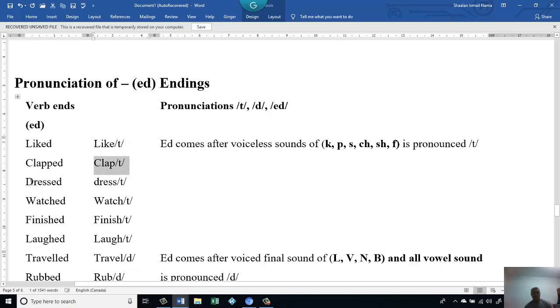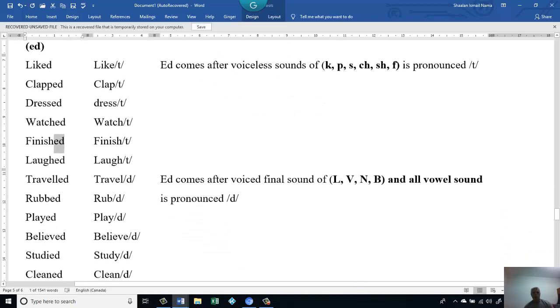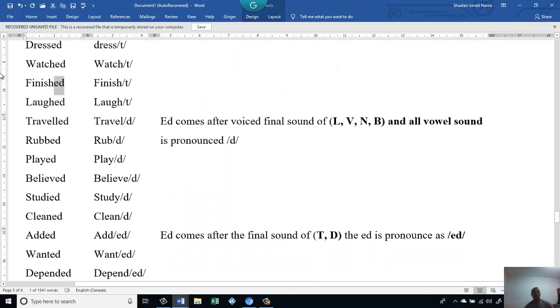Same thing with dressed. Then here T, watched. Then ed is going to be T, finished. Then we're going to have ed as a T, laughed, and troubled.